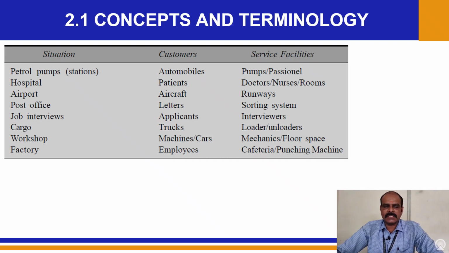Workshops, yes, machines are going to be idle for want of workpieces or labor, whatever may be the case. In a factory, there are several examples, maybe inside the cafeteria or canteen, or to punch, that is biometric cases, for want of some attendance monitoring system, something like that. So these are all the regular day-to-day queues that we would have faced.